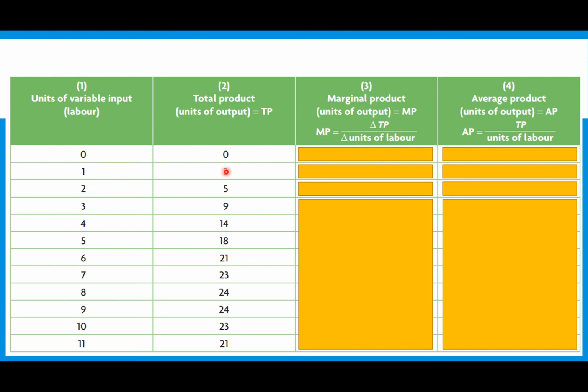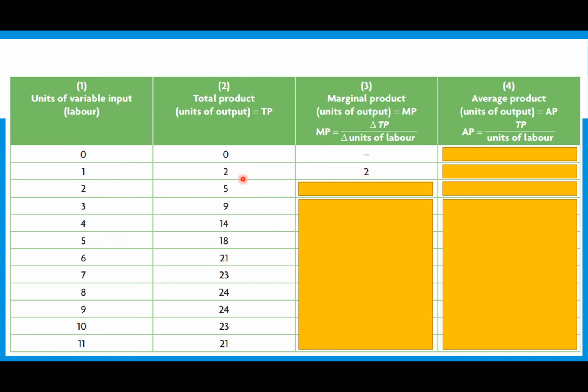For the first one, because it starts with 0 and there is no previous one, 0 divided by 0, no answer. For the second one, the difference in TP is 0 to 2, so 2 for the numerator, and 0 to 1, so 1 for the denominator. 2 divided by 1 is 2.